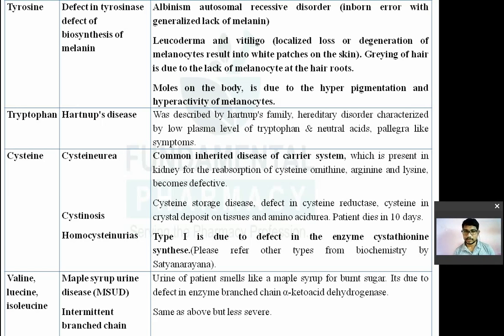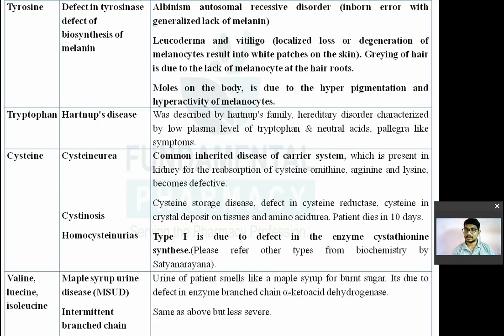Okay, so albinism is an autosomal recessive disorder, an inborn error with generalized lack of melanin. Means ये inborn error होता है, बचपन से ही हो सकता है या फिर बाद में भी हो सकता है, due to defect in the tyrosinase enzyme.